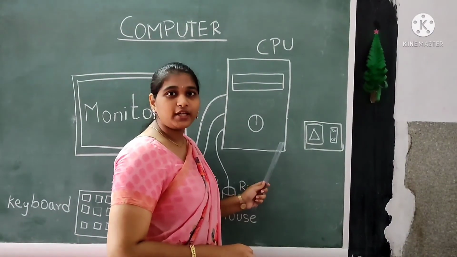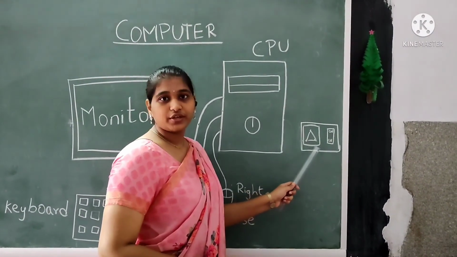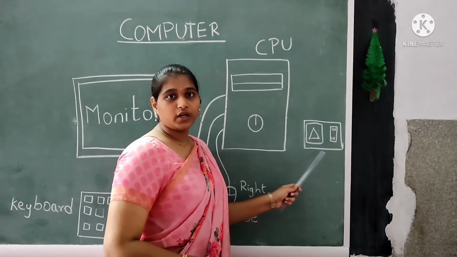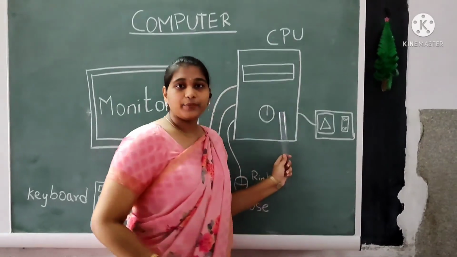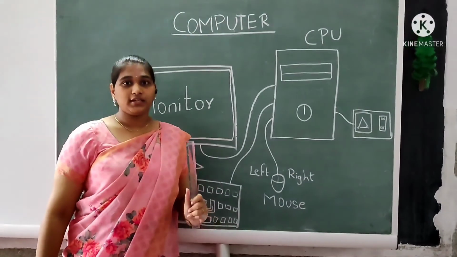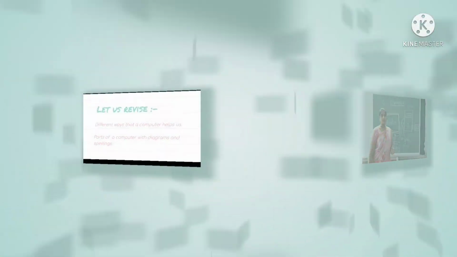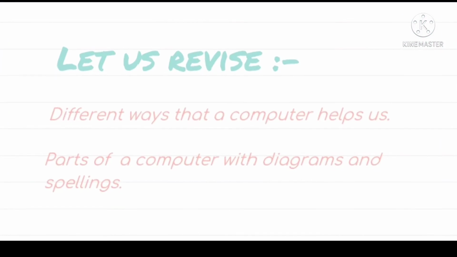The CPU cable is connected to the switch to get power. Without power supply, the computer does not work, children. It needs power. So children, now let us once again go through what we have learned today.